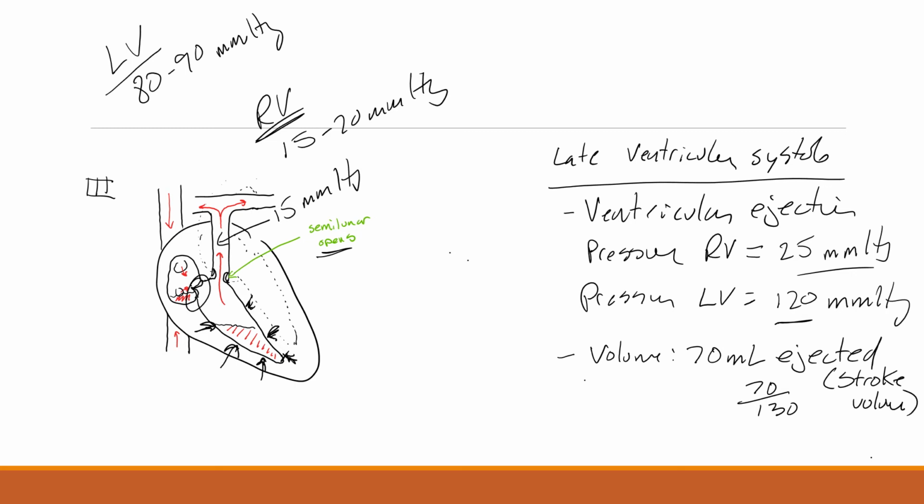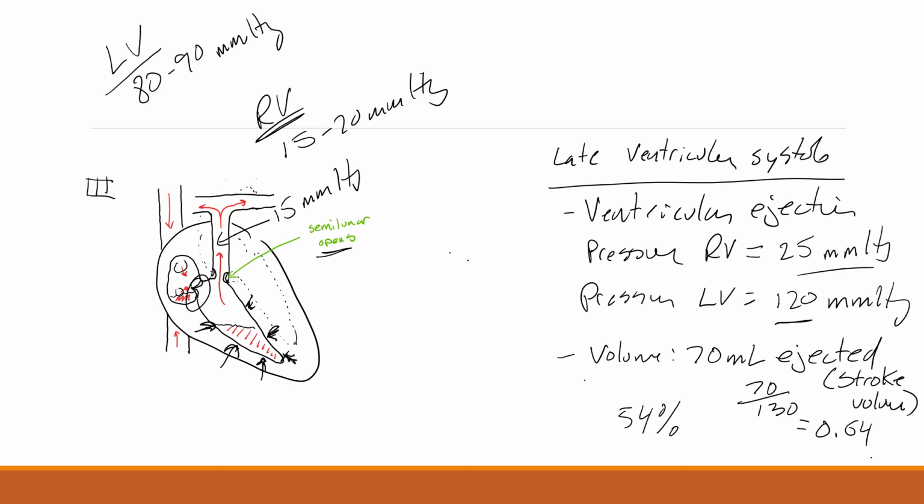Which means if we take a look at that ratio that I just drew, 70 over 130 is equal to about 0.54. If I multiply that by 100, that's 54%. So 54% of the blood was ejected into the circulation.